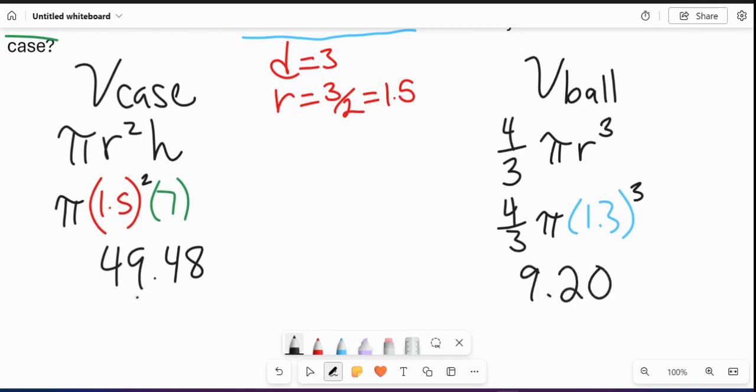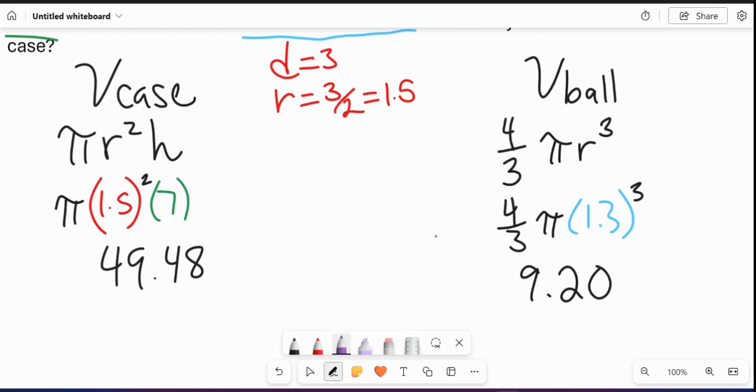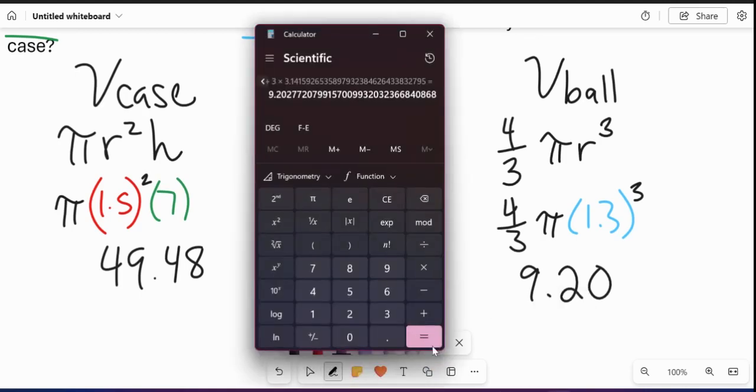Now we have the volume of the case and the volume of one ball. And at the very end, we are going to divide them. So 49.48 divided by 9.20, which is just 9.2, is 5.37.